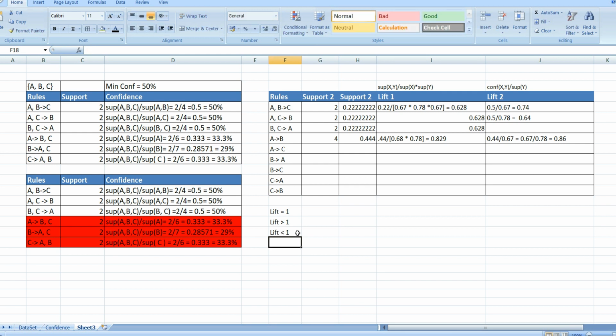When we have a lift that is smaller than 1 and not near 1, it means these products are most likely substitutes of the other. That means a purchase of one product might lead to a negative effect on the other, as they are more like competitors. This is how the Apriori algorithm works.